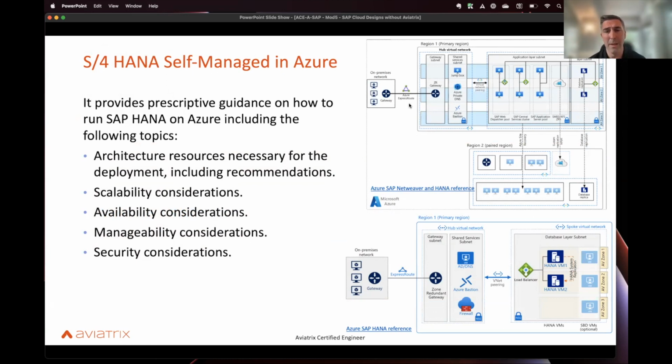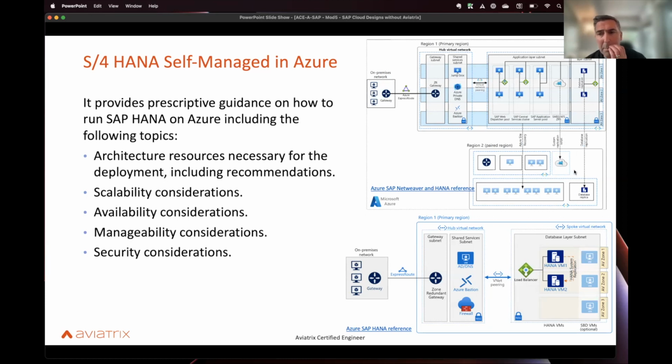So instead of a Direct Connect circuit, you have on-prem with an Azure ExpressRoute. You have the gateway subnet as well, and then you have a shared services subnet. That sits in what's called a hub virtual network. And then you have a spoke virtual network, which represents the application layer as well as the database layer.